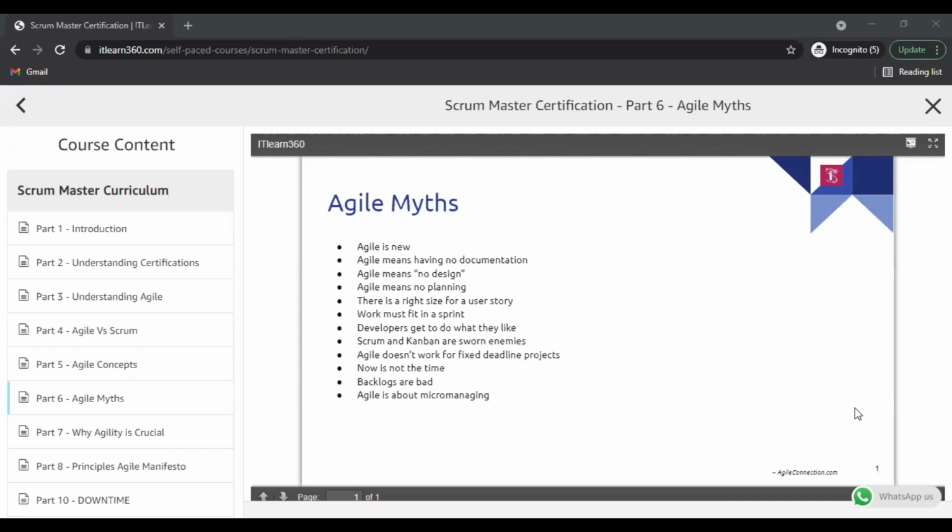Another myth in Agile is that Agile doesn't work for fixed deadline projects. All right. So honestly, Agile works pretty well in a fixed deadline project environment, because when team members use Agile, particularly the Scrum and XP versions, they receive much of their power from harnessing the deadline effects.